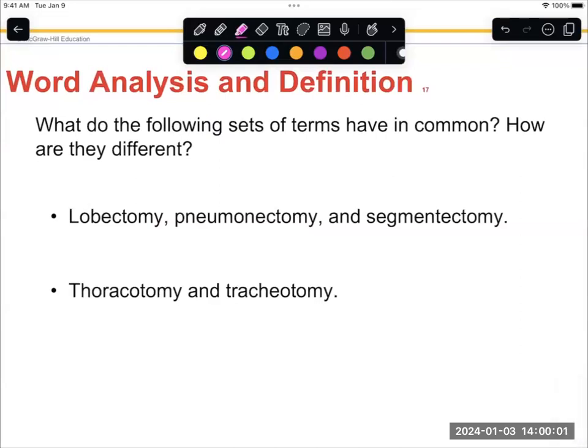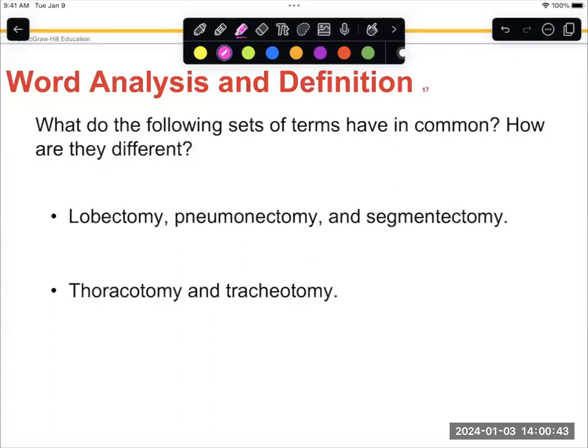So that lobectomy, pneumonectomy, and segmentectomy, there we go, are all excisions, taking out certain structures within the lung specifically. So that lobectomy is the lobe of the lung. That pneumonectomy is the removal of that entire lung. Segmentectomy is the removal of just a small segment. It can be that lung tissue. It can be an organ, another organ. It doesn't necessarily refer just to the respiratory tract, but you can do it to other places.